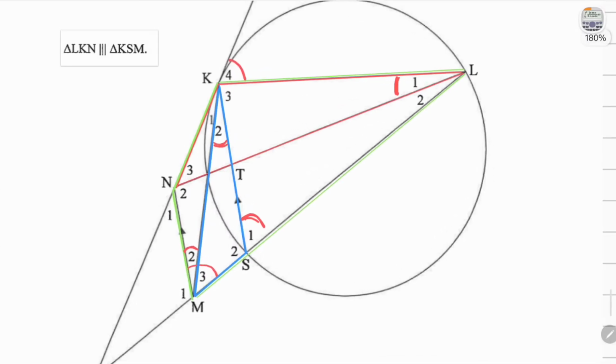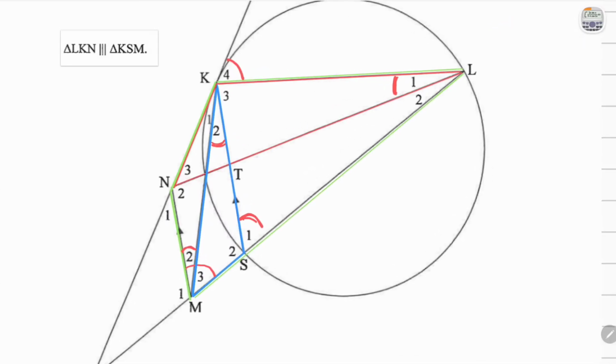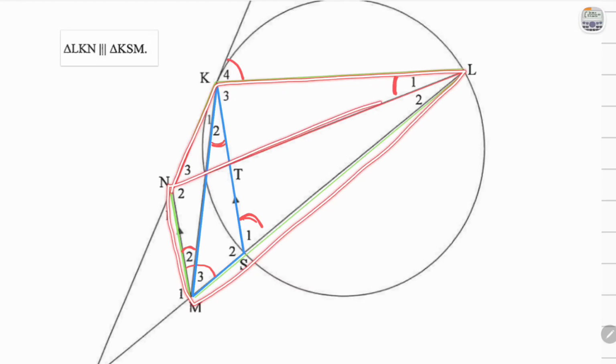And then we need to find another pair that are equal. Now, this is actually still using this same theorem. Okay, you see in this cyclic quad over here, because of the lines going across, we also have this situation where the angles in the same segment are equal. So angle M3 is equal to angle N3.